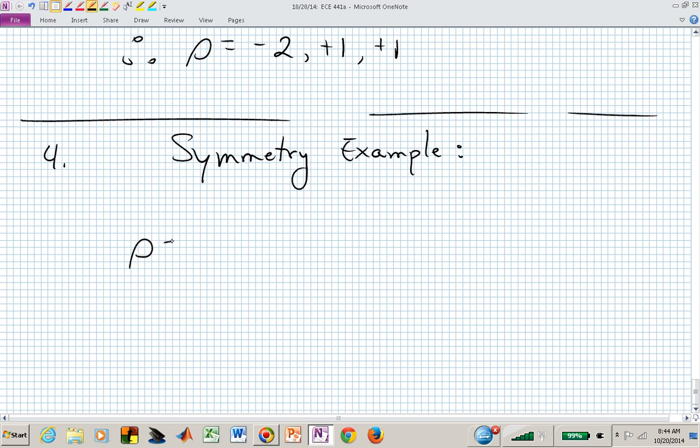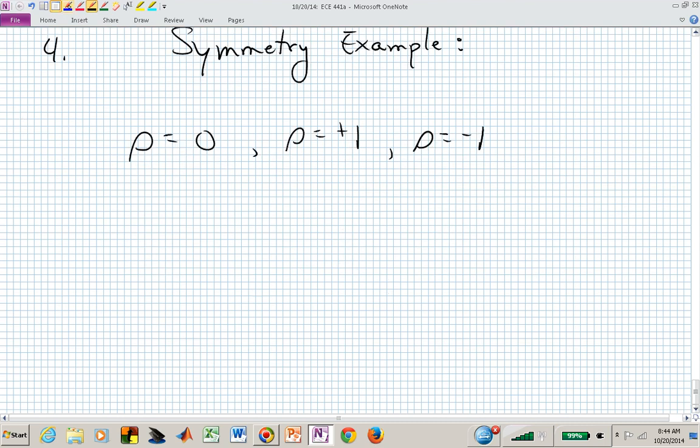Suppose I want a polynomial that has a root at 0, a root at plus 1, and a root at minus 1. What does this look like as a factor in delta of s?